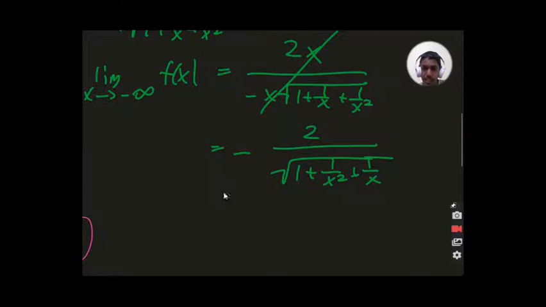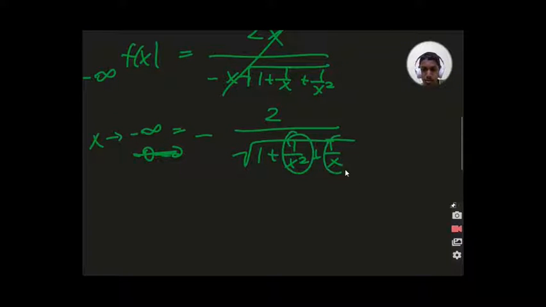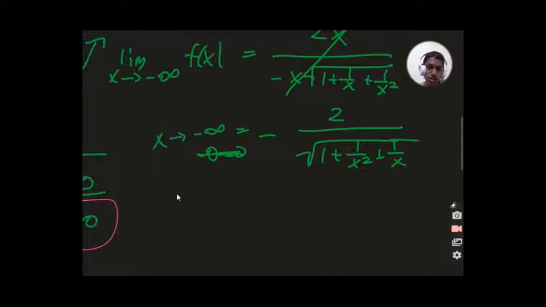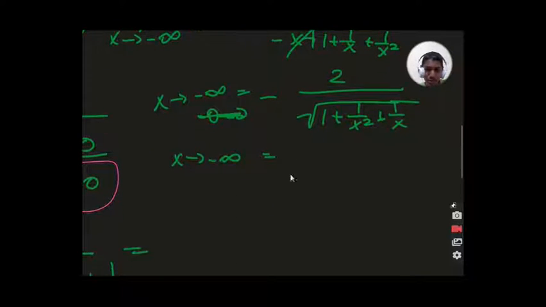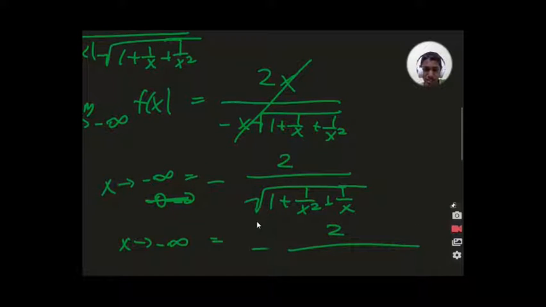Then remember, x is approaching minus infinity. Even if we're approaching minus infinity, it doesn't matter. There's no such thing as a minus 0. It's still just going to be 0. So these two limits will still approach 0. And remember, I'm writing in shorthand form. Do not write in shorthand form if this is an FRQ.